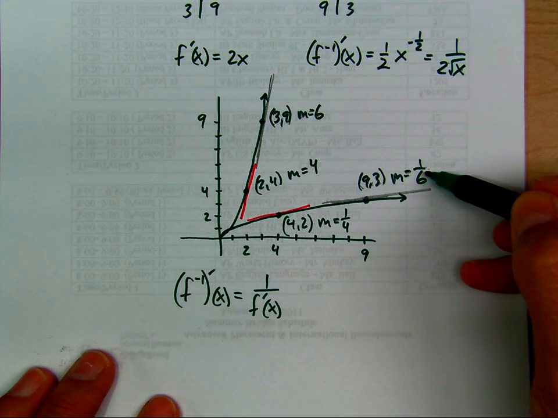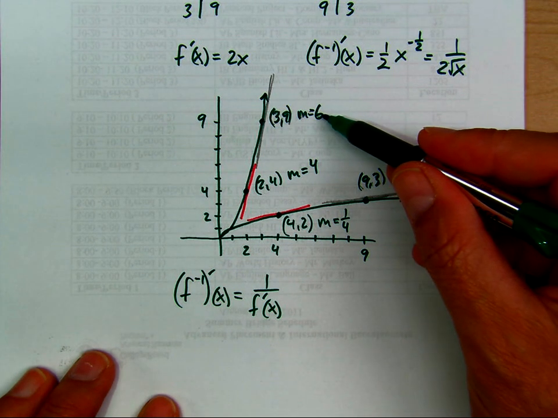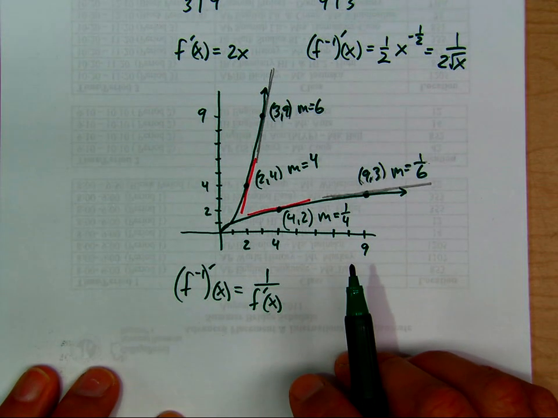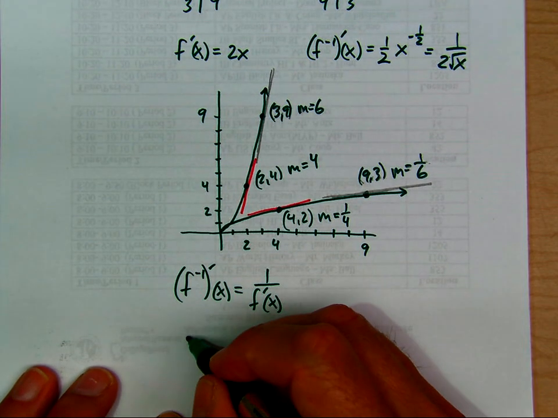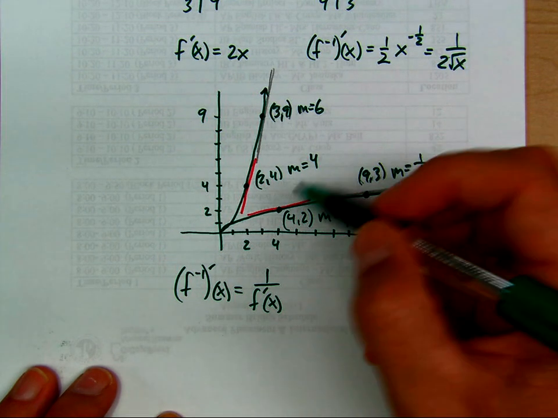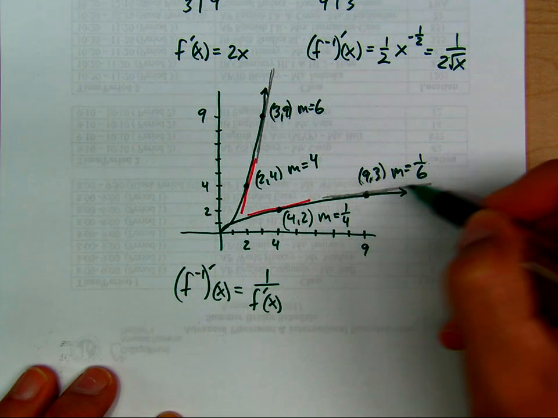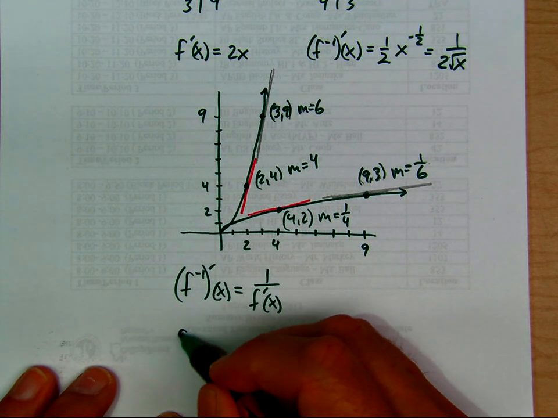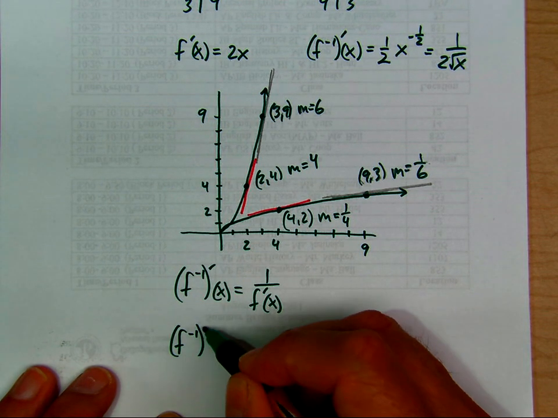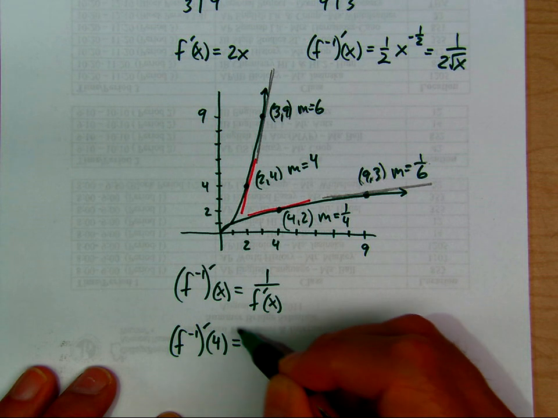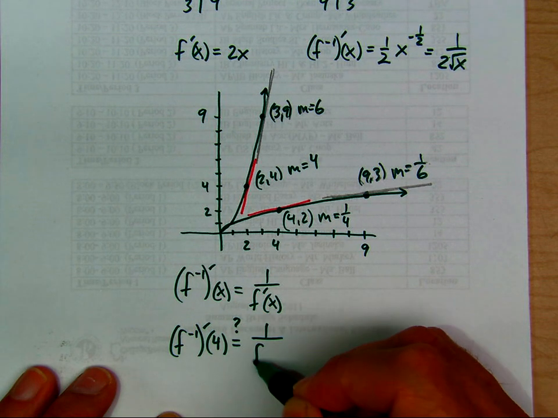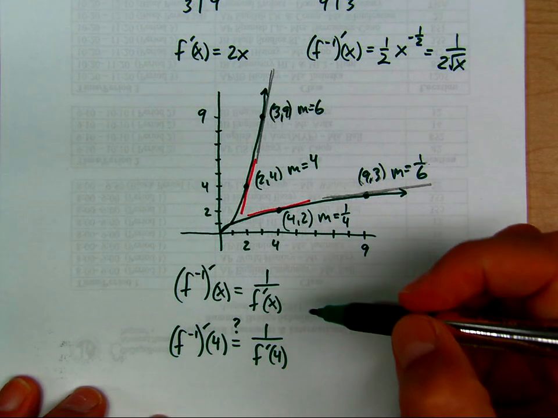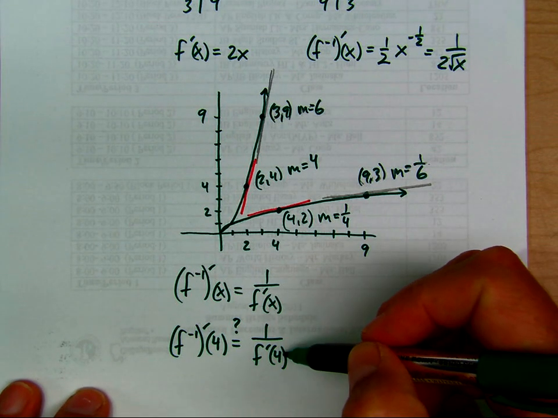Its derivative is the reciprocal of the derivative of the function. But let's put some numbers in there. If we want to find the derivative of the inverse at 4, then the derivative of the inverse at 4 equals 1 over the derivative at 4 of the function.